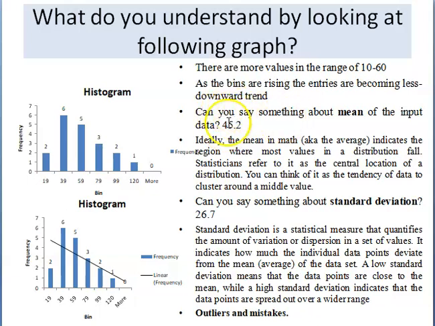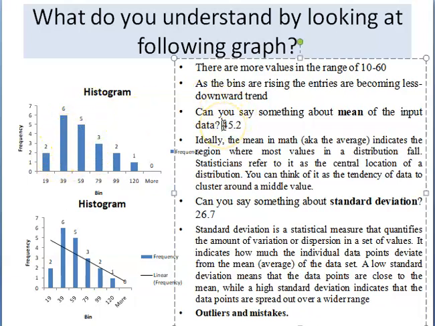Now, what can you say about the mean of the entries in this graph? As we can see here, more entries are centered around 10 to 60. So we have an average of around 45.2. We can easily conclude from this graph that this is the area of concentration of the values.